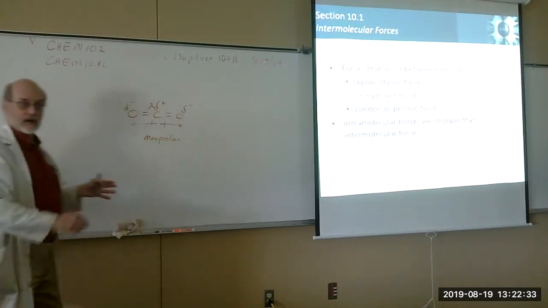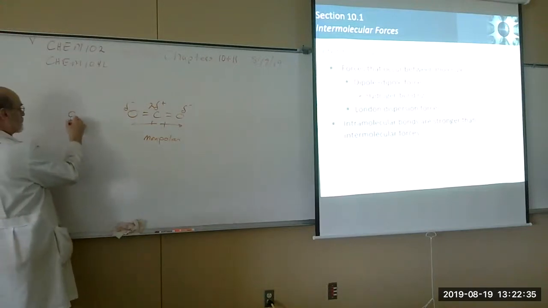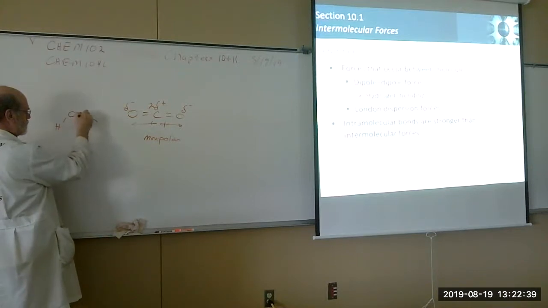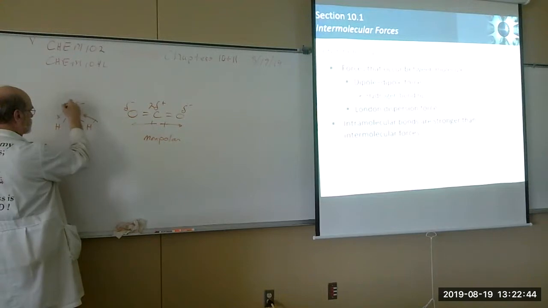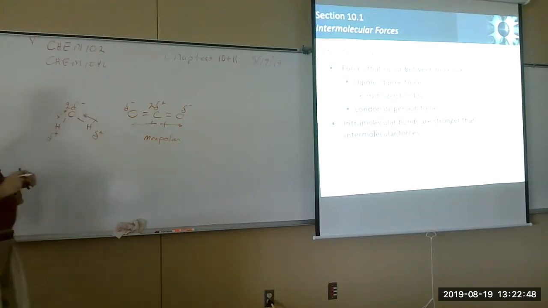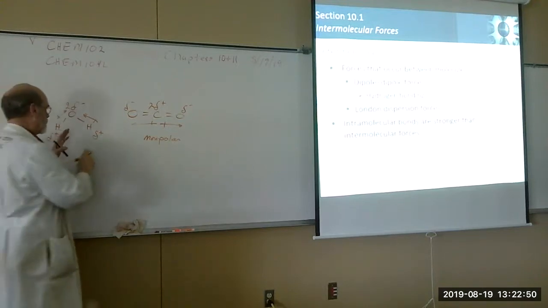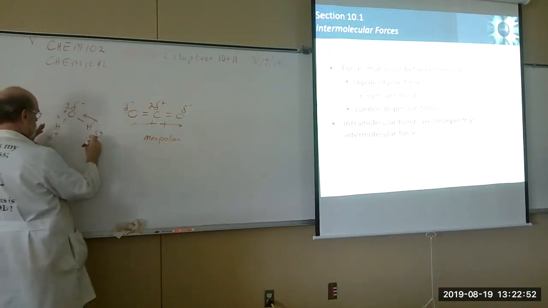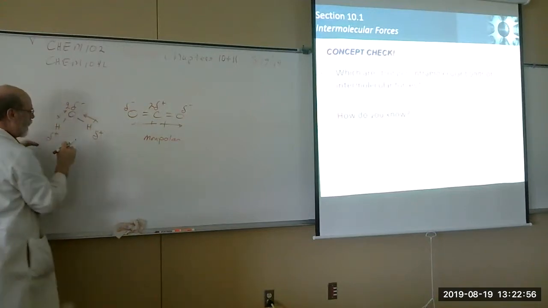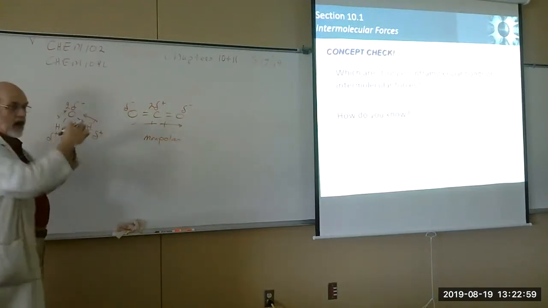Okay? But for something like water, which is shaped like this, right? You get like that. Now, the summation of these bonds are not perfect. They're not opposite one another.